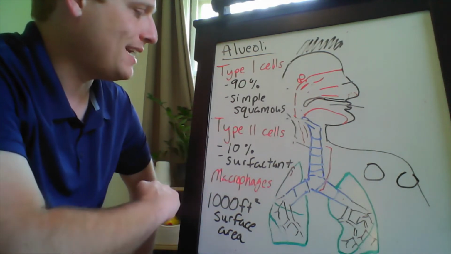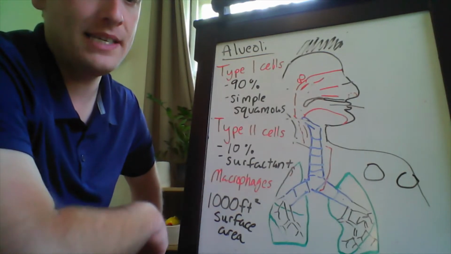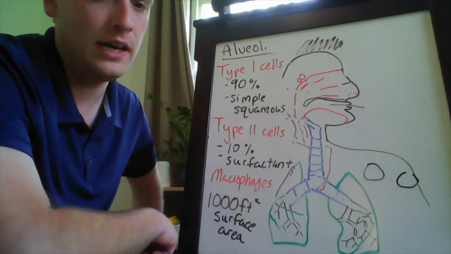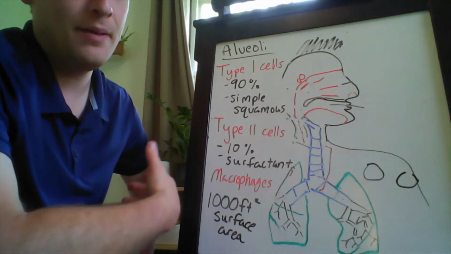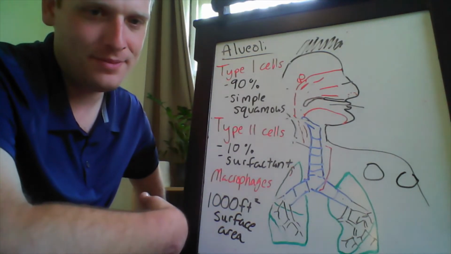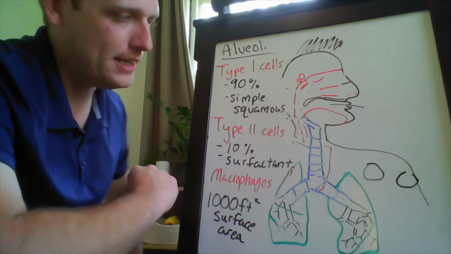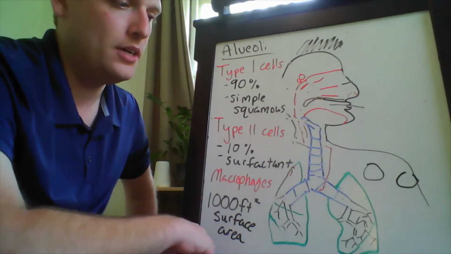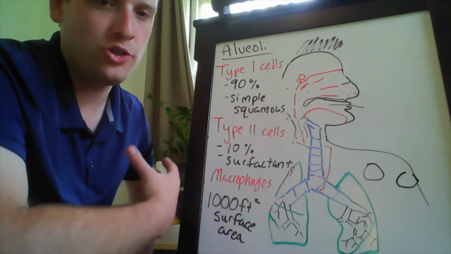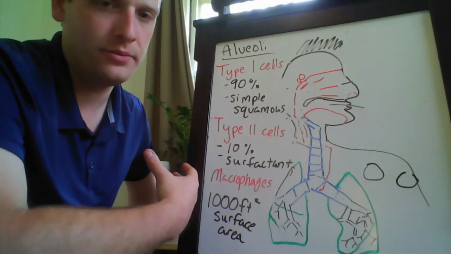There are also what are called type 2 cells, which make up about 10% of the cells in your alveoli, and their only job is really to produce a chemical called a surfactant. A surfactant is a chemical that is going to break up the surface tension of water.